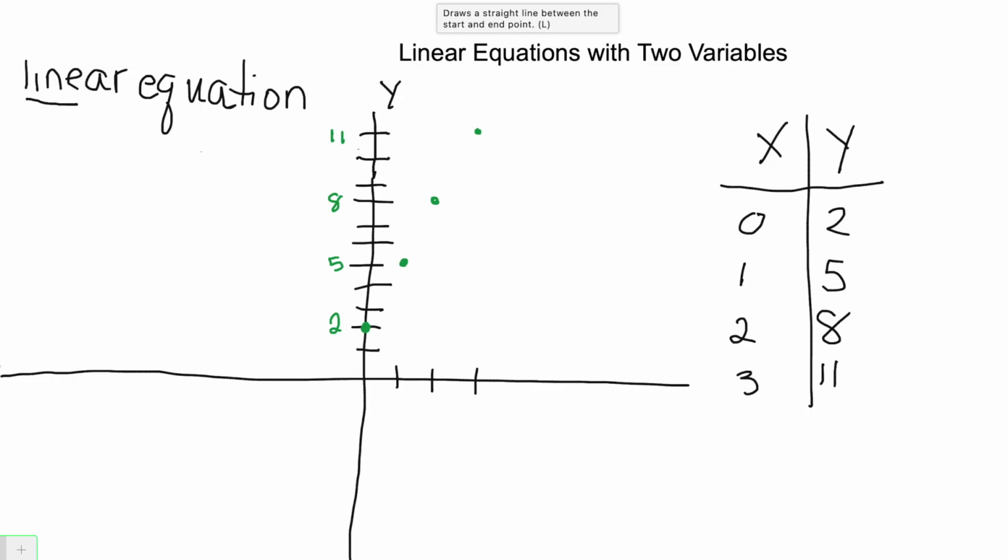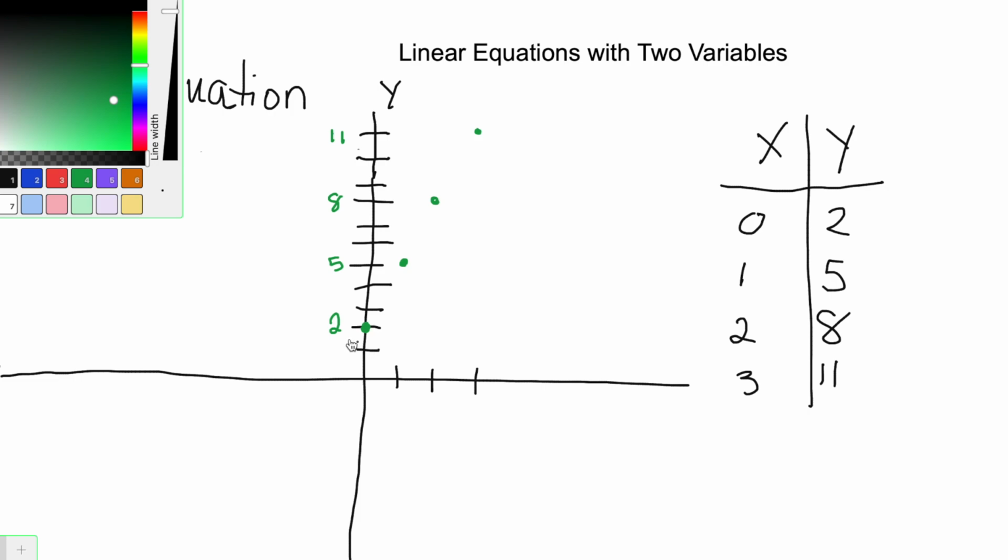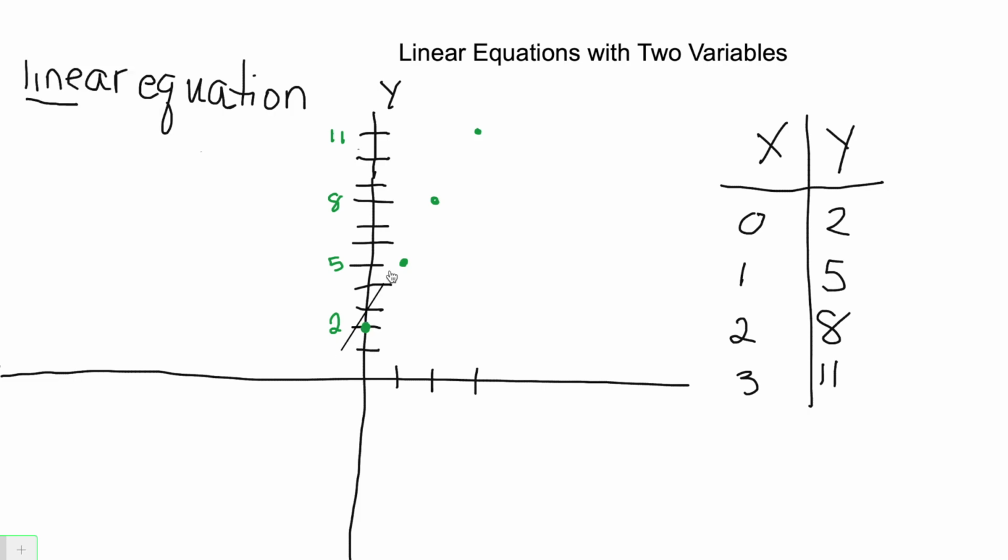Now, remember what I said about straight lines? Your straight line is going to go straight through these points. Right, so there you go. So this is what a linear equation does. It creates straight lines on a coordinate plane. Okay, a linear equation with two variables, an x and a y.